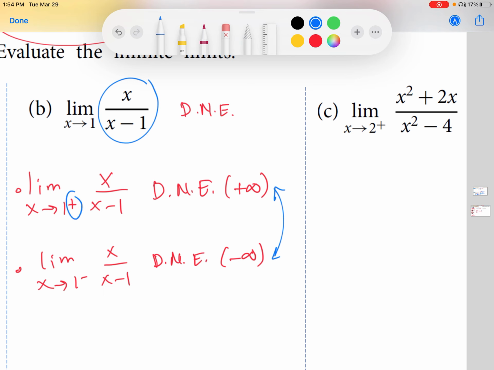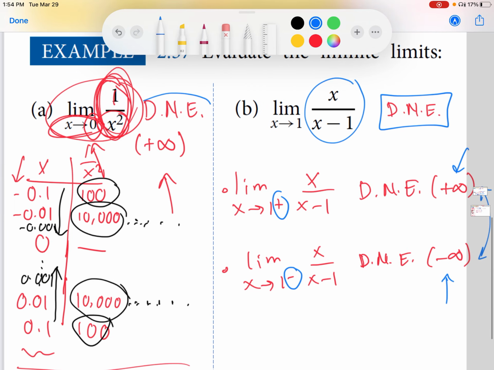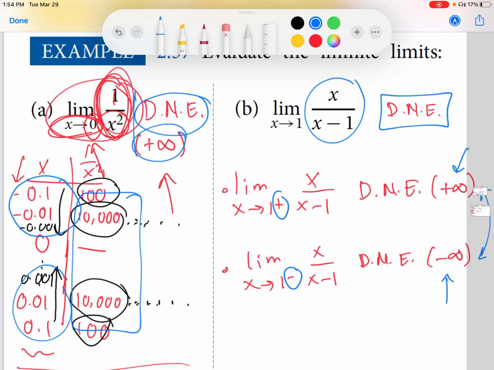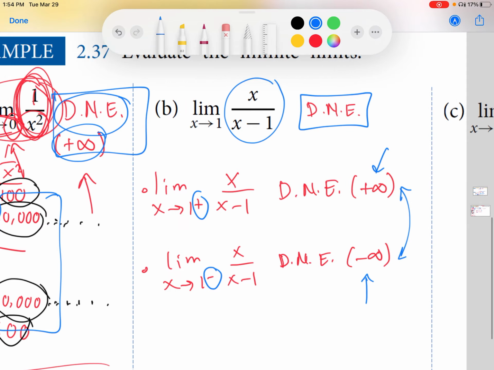From the right, it goes off to positive infinity. From the left, it goes off to negative infinity. So I think the best answer is to just say the limit does not exist. Unlike over here, where this function, from both directions, from the left and from the right, went off to the same place, positive infinity, right?